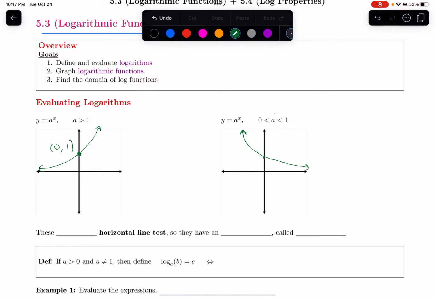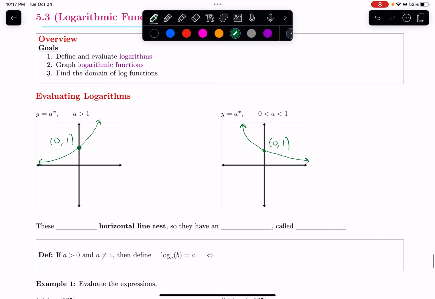The balance point is still the same: when I plug in 0 for x, the y value is 1. Now what I want to observe about these graphs is that they both pass the horizontal line test, because any horizontal line that I draw will never cross the graph more than one time. Because of that, these graphs have an inverse.